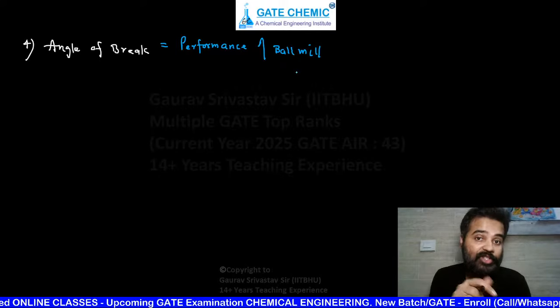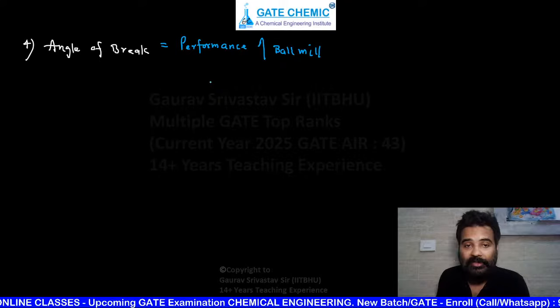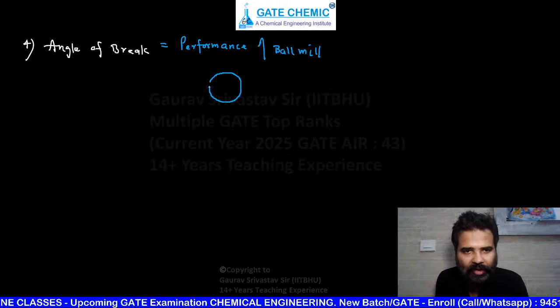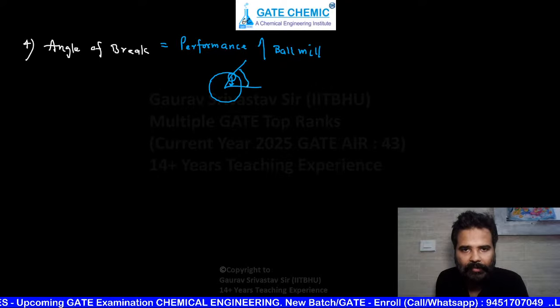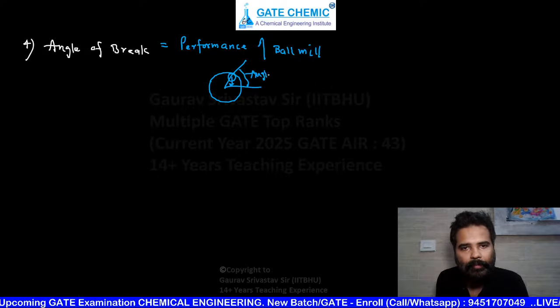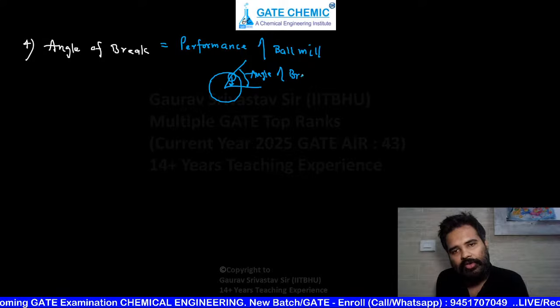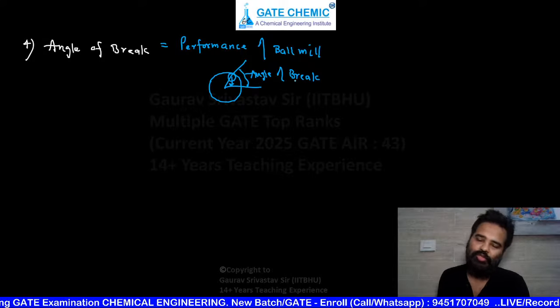Yes, the statement is correct. Don't write in a full theoretical way. Just draw this diagram, beta. This is angle of break. Just in short, don't write too much theory in your notebook.